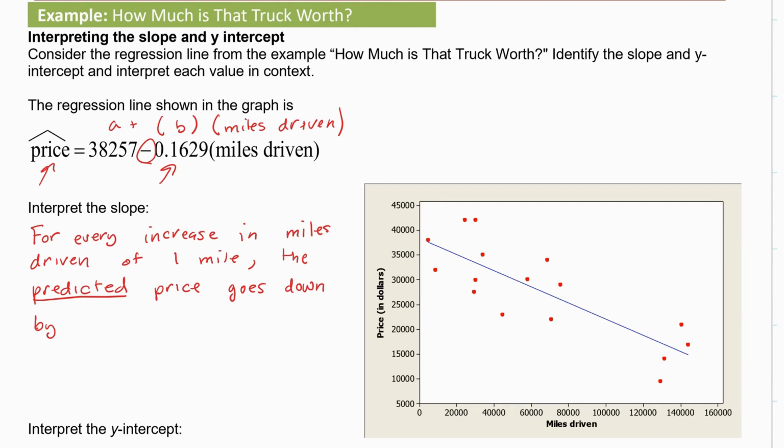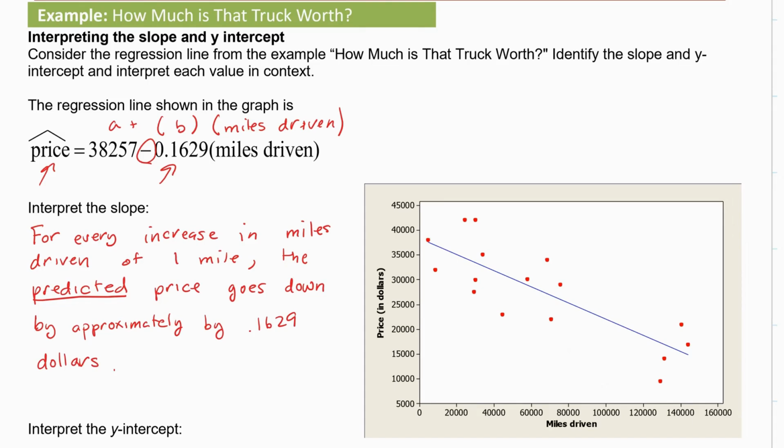It doesn't. So I'm going to put another word in there. It goes down approximately by 16.29 cents, or $0.1629. And that's our interpretation of the slope.